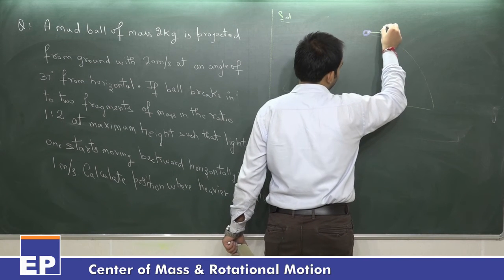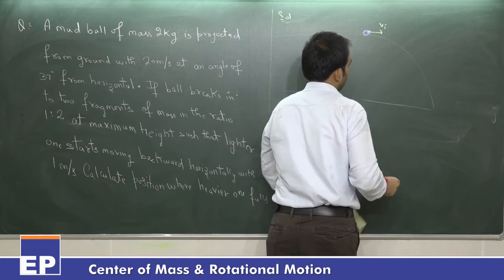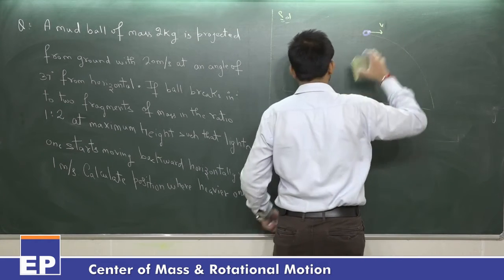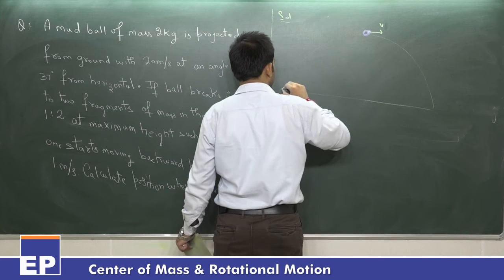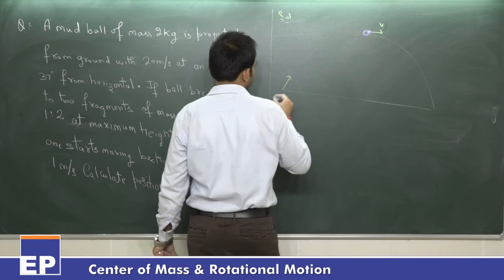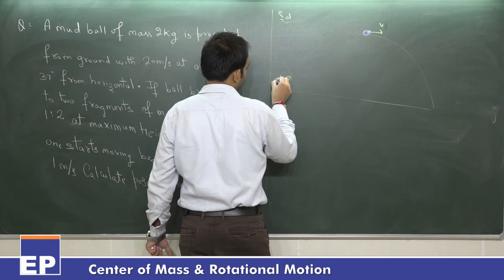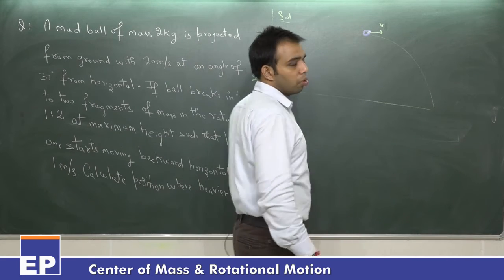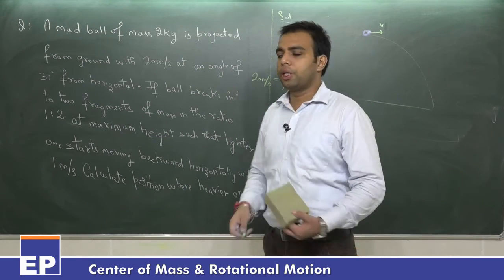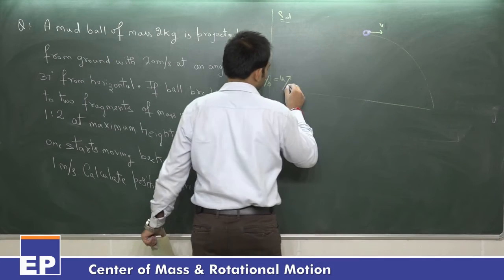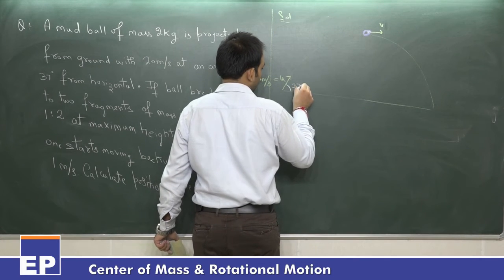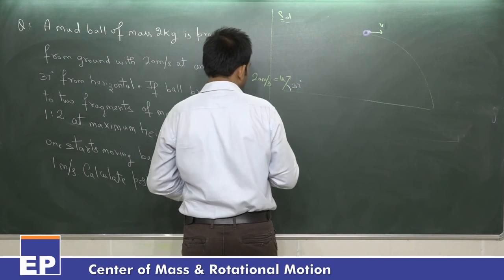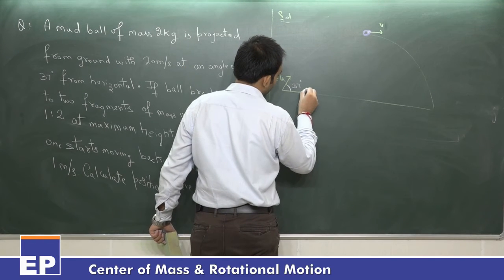What will its velocity be here, vi? When it is at the topmost point, its velocity is this, and it started from here with 20 meters per second. u is equal to 20 meters per second, shown at an angle of 37 degrees from horizontal. So what is this component? u cos 37.